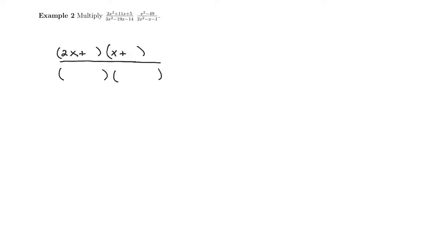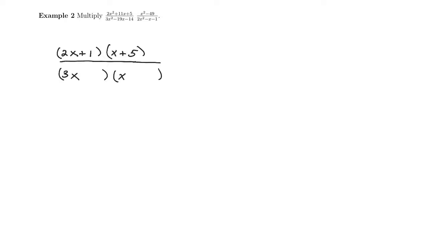And like with the previous work we've done, I see how this is going to work. I'm going to place a 5 here because I'll get a 10, and a 1 here, one more would take me up to 11. So if I do a similar approach for the denominator, it'd have to be a 3x and an x. Well, here it gets a little tricky because now there's a positive and a negative that's going to come into play.